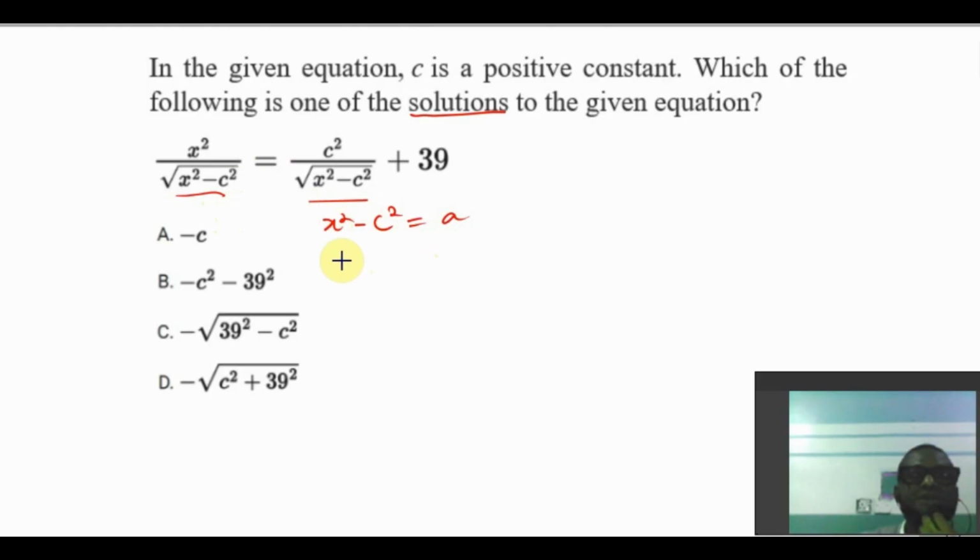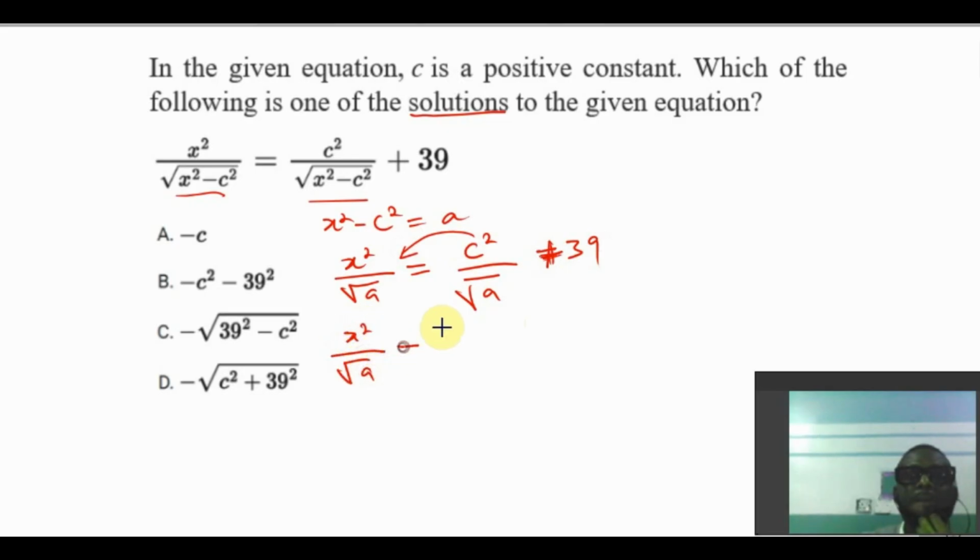In that case, I will have x square over the root of a, minus c square over the root of a, is equal to 39. When I bring this over here, I will have x square over the root of a minus c square over the root of a is equal to 39.